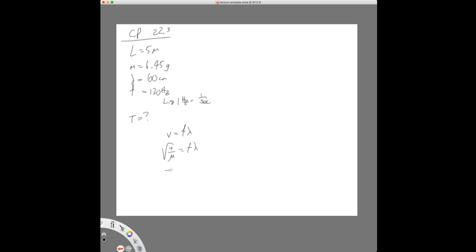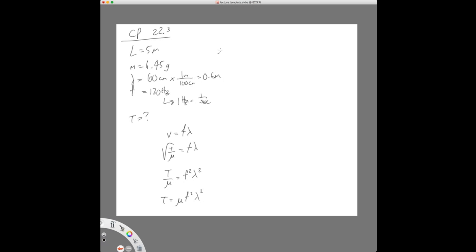So if I square both sides, I have tension over mu equals F squared lambda squared, and tension will be mu times F squared times lambda squared. Now, all I need to know is the value for mu and the value for lambda in the proper units. So they gave us centimeters, but we want to convert by multiplying the lambda by 1 meter over 100 centimeters. That is 0.6 meters.